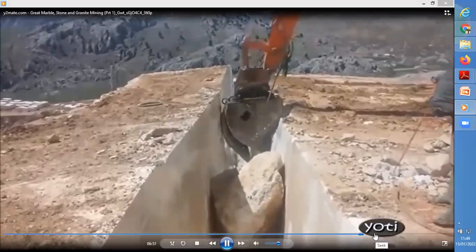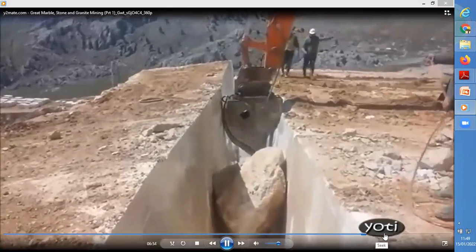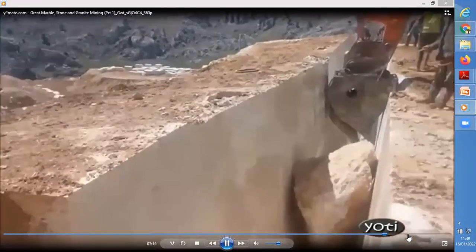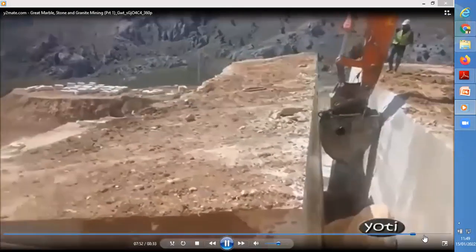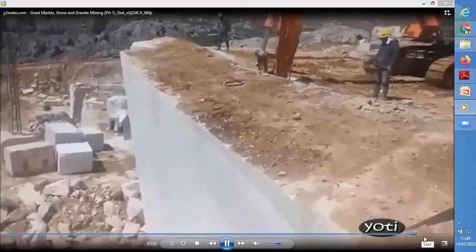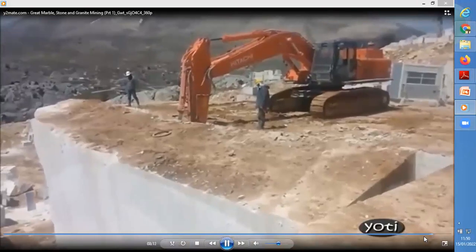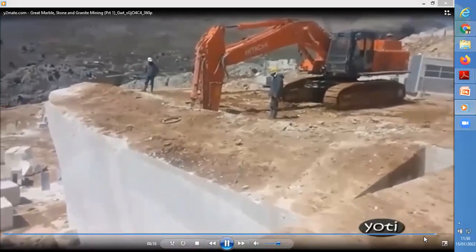With such a technique, we can easily separate rock blocks in quarrying, and joints play an important role in quarrying activities. When you look here, a very large block is there, and we can easily separate it without blasting. Only with the help of machines and an excavator, we can separate it.